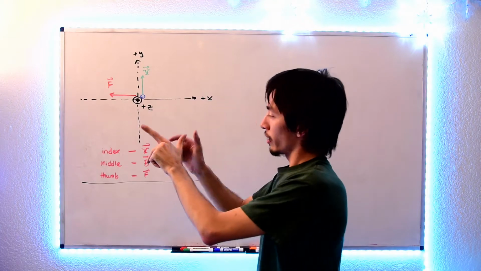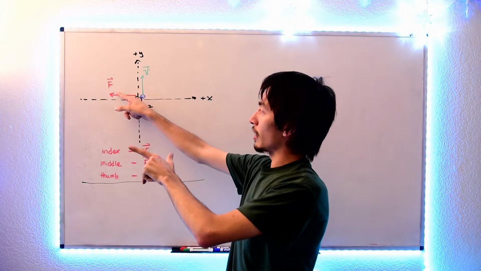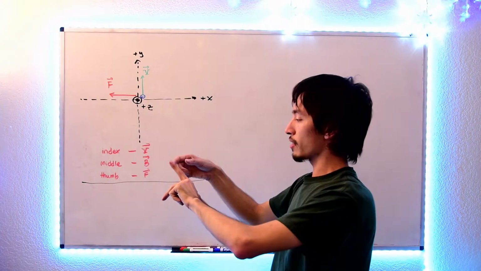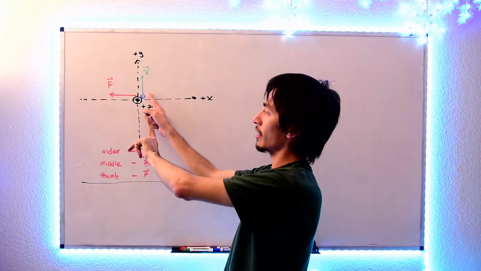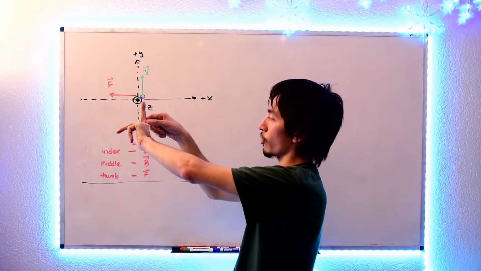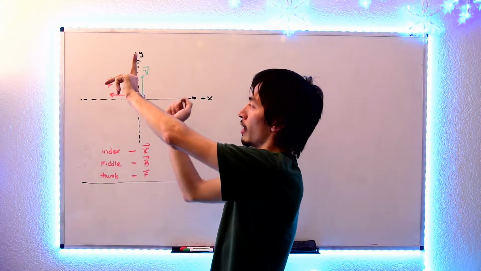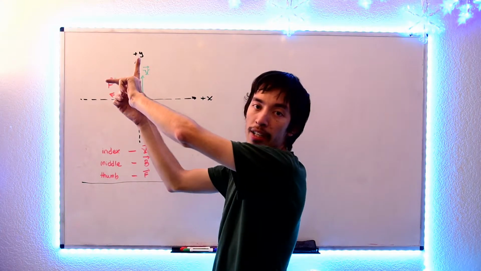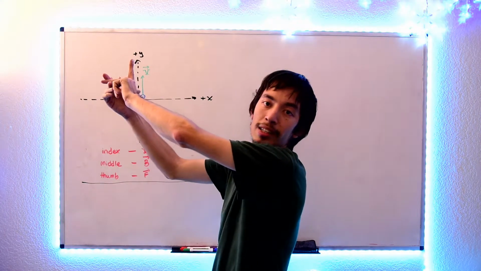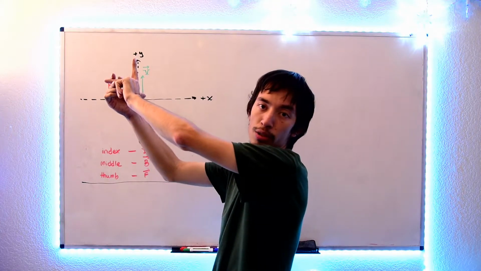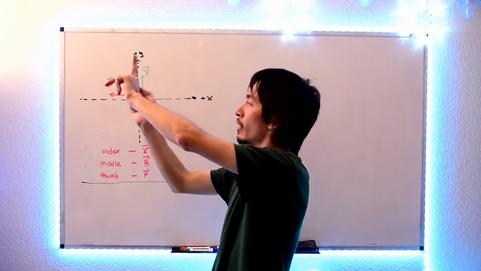So what I'm going to do is I'm going to line it up with the vectors that I'm given. So in this case, I know that I have a velocity that goes upwards. So we have velocity goes up. Now, your thumb and your middle finger may not already align with the remaining vectors, so you need to make sure that it lines up.